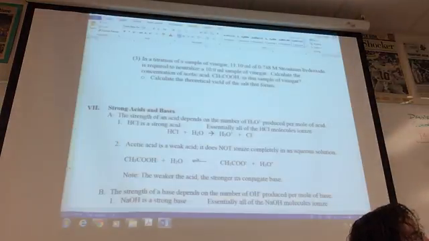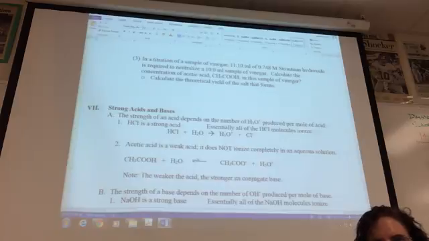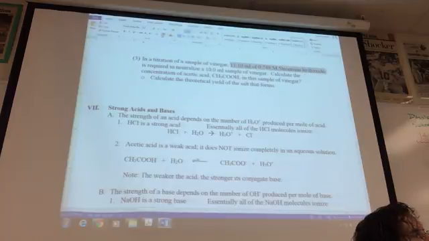Number 3 says, in a titration of a sample of vinegar, vinegar happens to be 5% acetic acid, 11.10 mL of 0.748 molar strontium hydroxide is required to neutralize a 10 mL sample of vinegar. And as I said, vinegar is 5% acetic acid.